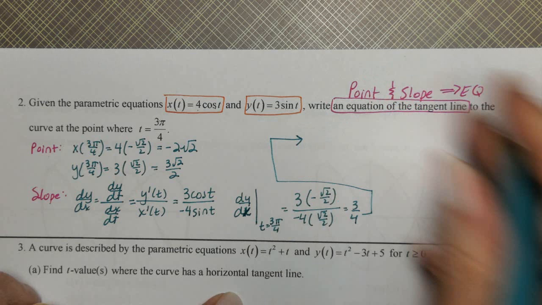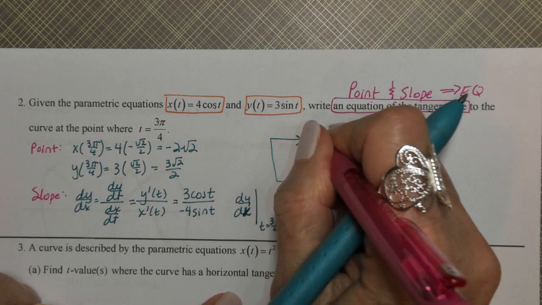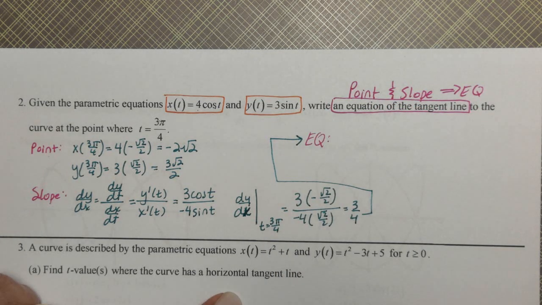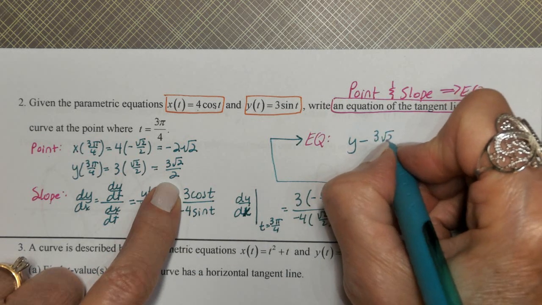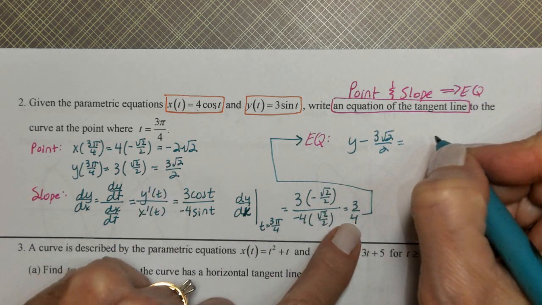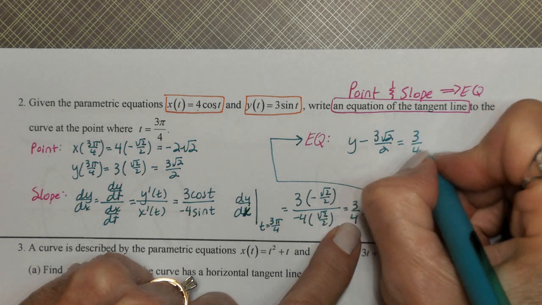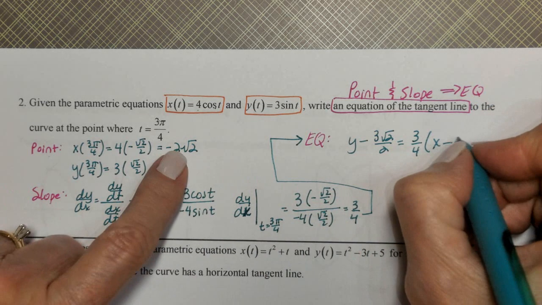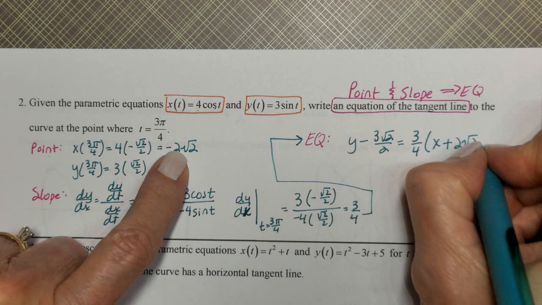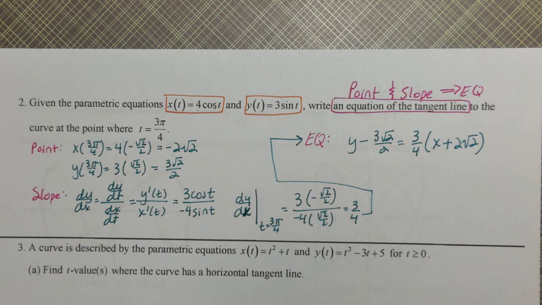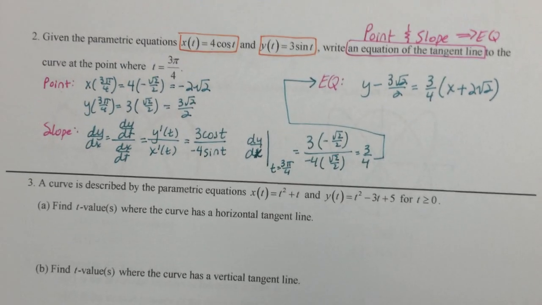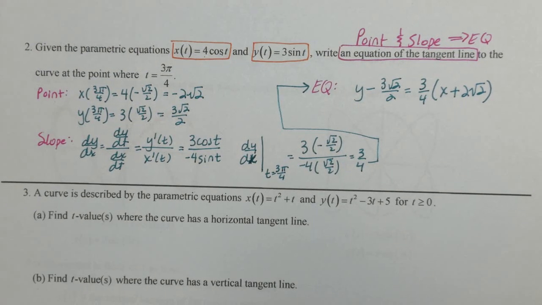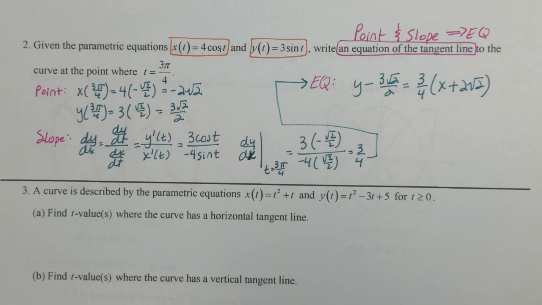So our equation is y minus the y coordinate of our point is equal to our slope times x minus the x coordinate of our point. So everything that we did with functions, we can do with parametrics.